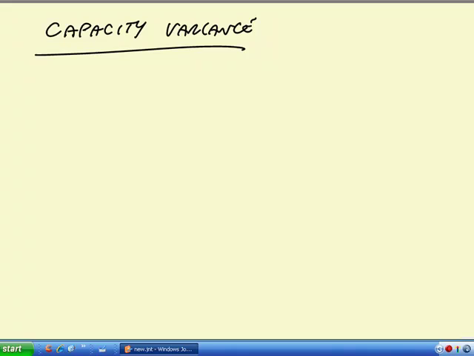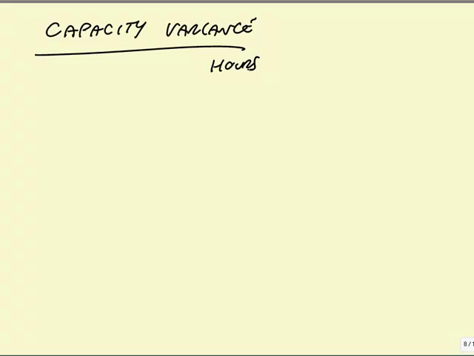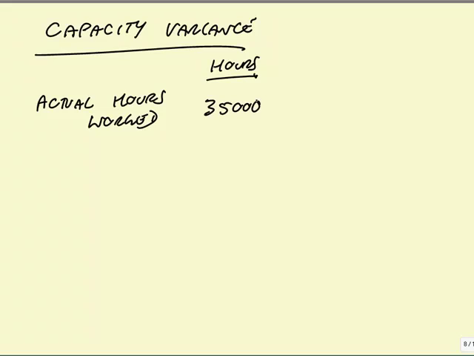How many hours did we manage to work? It was 35,000. And we check whether that was more or less hours than we expected. You compare it with your budget hours. How many hours, please, did I budget on having?